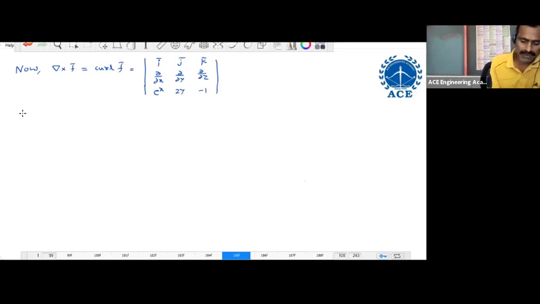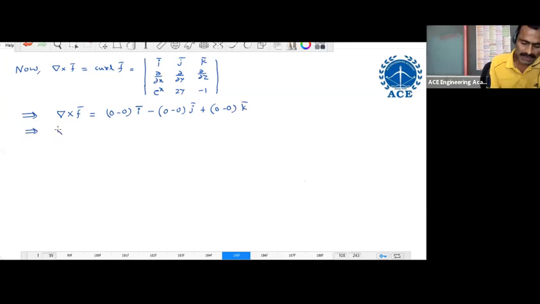We expand: del cross f bar equals i bar into the derivative of this function with respect to y minus the derivative of this function with respect to z, that is 0 minus 0, into i bar, minus j bar into the derivative with respect to x, 0, minus the derivative with respect to z, also 0, into j bar, plus k bar into the derivative of 2y with respect to x minus the derivative of e^x with respect to y, 0 minus 0, into k bar.